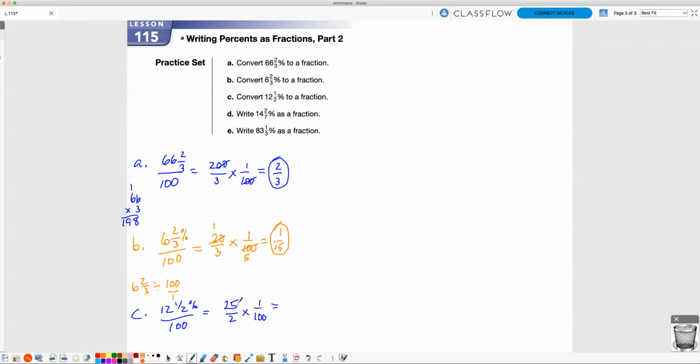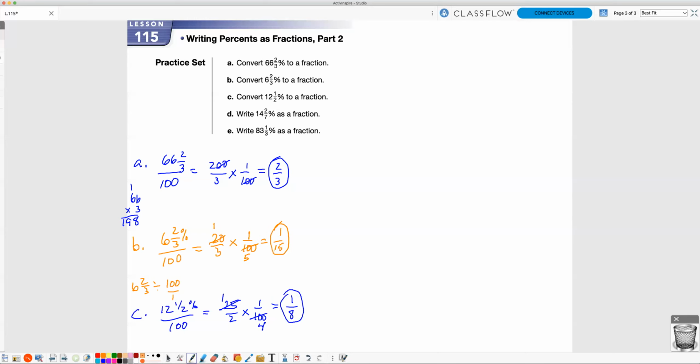When I multiply this out, I could get 25 over 200, or I can recognize right away that 25 divided by 25 is 1, and 100 divided by 25 is 4. And I just have 1 times 1 in the numerator for 1, and 2 times 4 in the denominator for 8. So this would be 1/8.